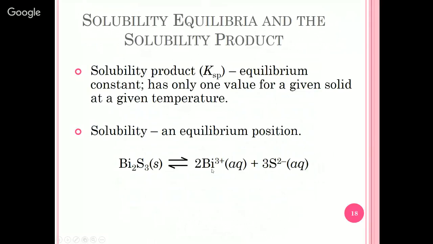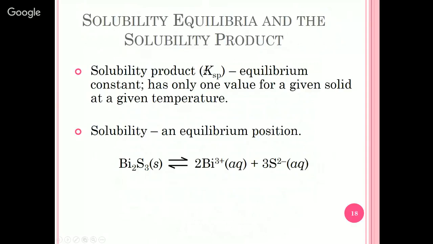Notice this is basically the exact reverse of how we write a net ionic equation for a precipitation reaction. If you don't remember how to do that, you can refer back to chapter 7 in our textbook. So solubility is an equilibrium position. Usually we write Ksp, equilibrium expressions, for solids that are only partially soluble or highly insoluble in water.